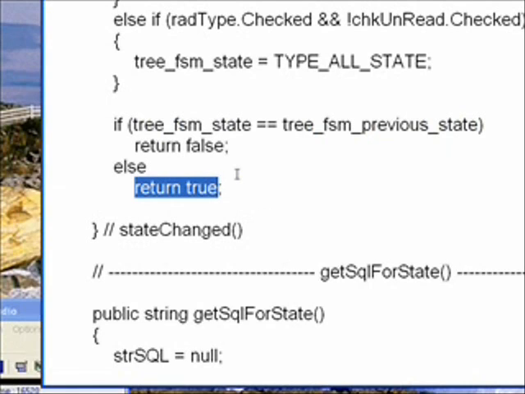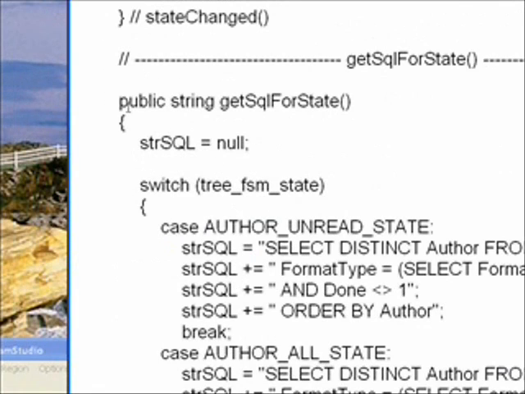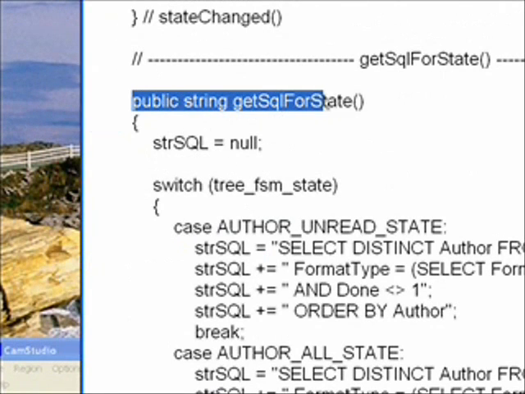The next method within the tree finite state machine class is the get SQL for state. This is called within the if, assuming that things have changed. If things have changed, we need to get a new SQL command to be put in the command text of the command object, based on what the current state of the radio button and the checkbox is.